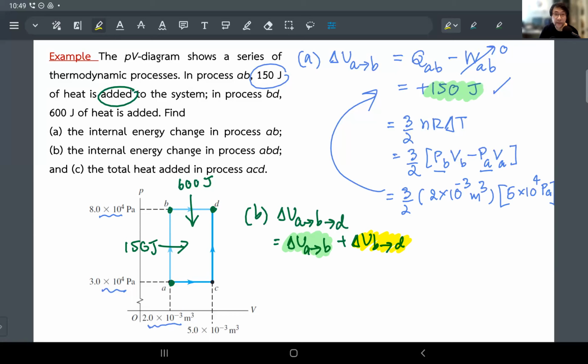I want the total internal energy change from B to D. It's kind of quiet at this point. I hope you guys are doing heavy calculation.